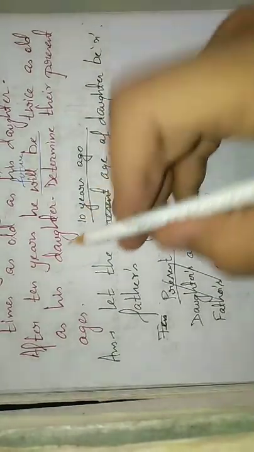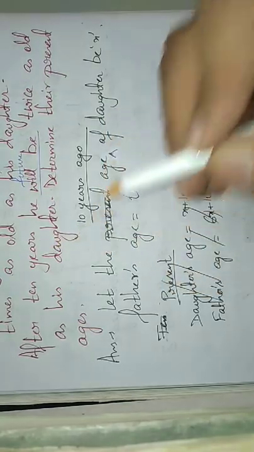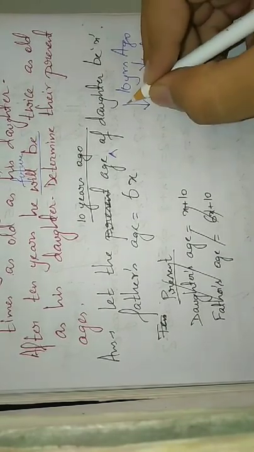Then they are talking about after 10 years, right? So 10 years ago, it means 10 years ago to present, and then after 10 years. So here the gap is 10, and here also the gap is 10.